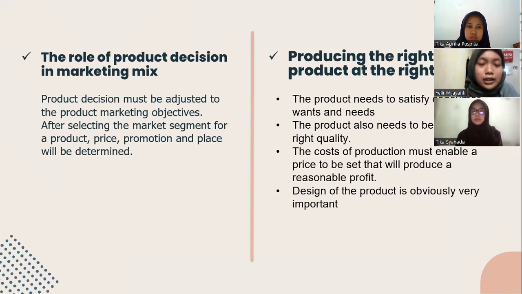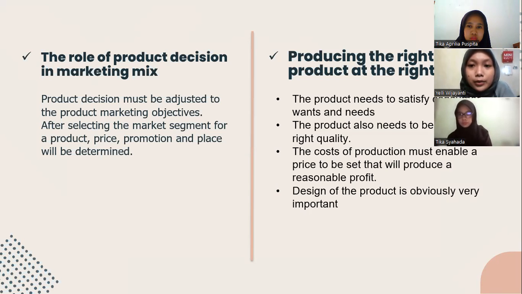So here, what is the role of the product decision in the marketing mix? Product decisions must be adjusted to the product marketing objectives after selecting the market segment for a product. Price, promotion, and place will then be determined. The next one is producing the right product at the right price.